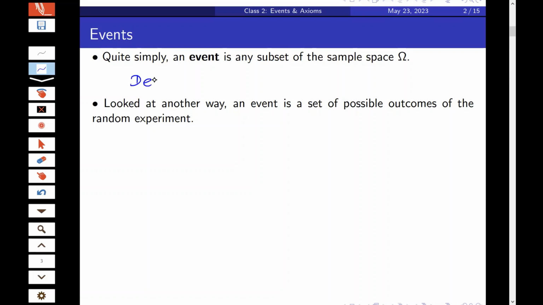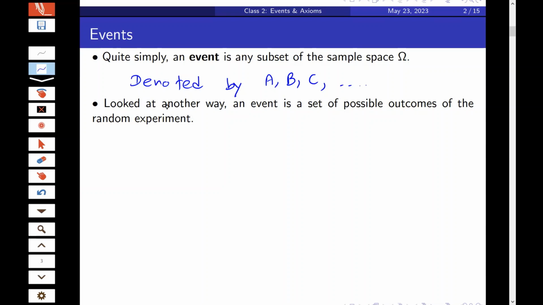We can denote events by capital English letters. In this class, if you see a capital English letter, according to the context most of the time it will be an event. So an event should be defined first, and we will use capital letters to denote events.